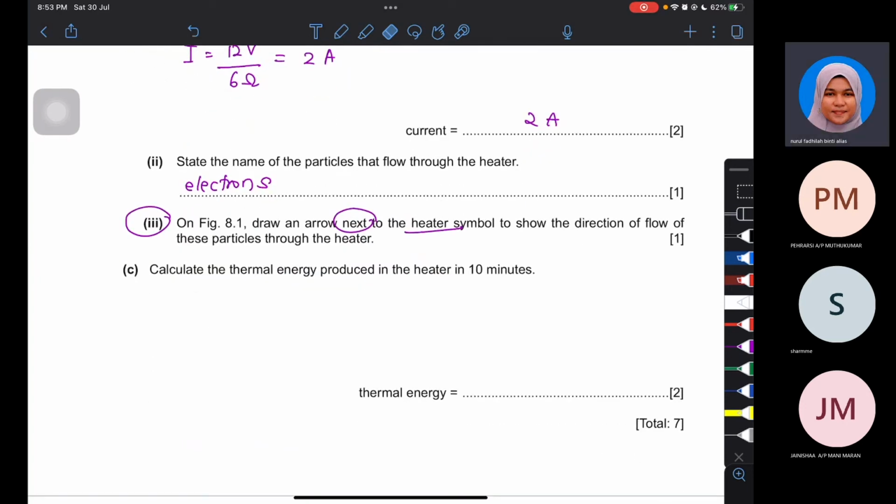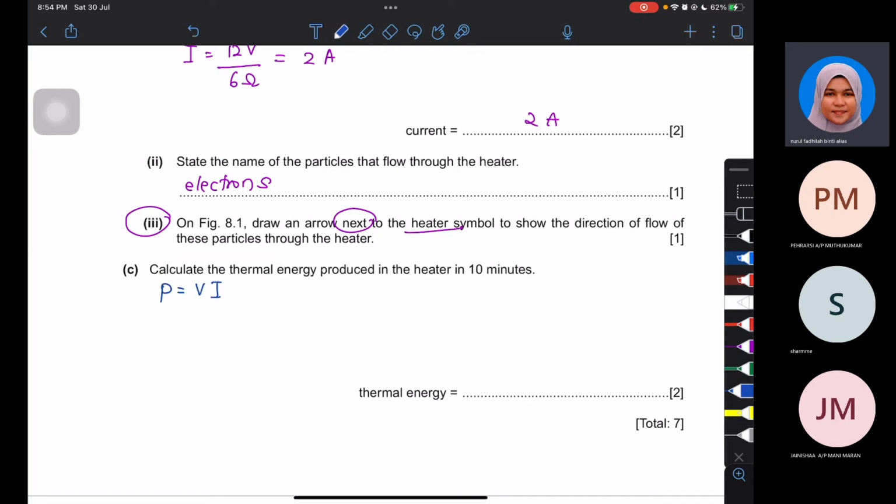Now calculate the thermal energy produced in the heater in 10 minutes. Calculate the thermal energy produced in the heater in 10 minutes. So macam mana? So apa formula yang kita ada? E equals to... kita tahu P equals to VI.